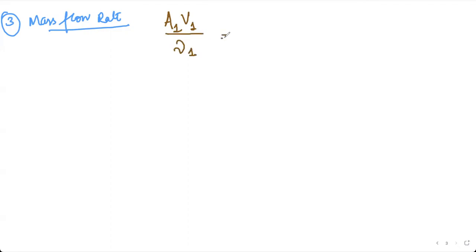A1 is 100 centimeters square. What is the velocity we have here? The inlet velocity is also 100 meters per second.